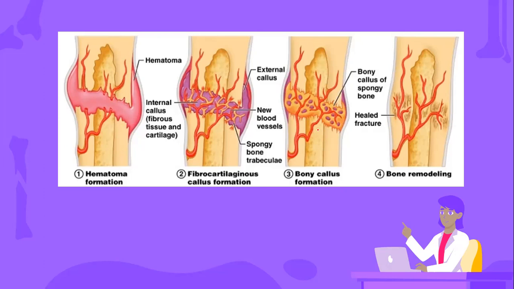And right after that, we have the bony callus formation and the bone remodeling. And this would be the formation of the tough callus. Okay, and after those weeks that I already mentioned, these mesenchymal cells start to create osteoblasts, right?